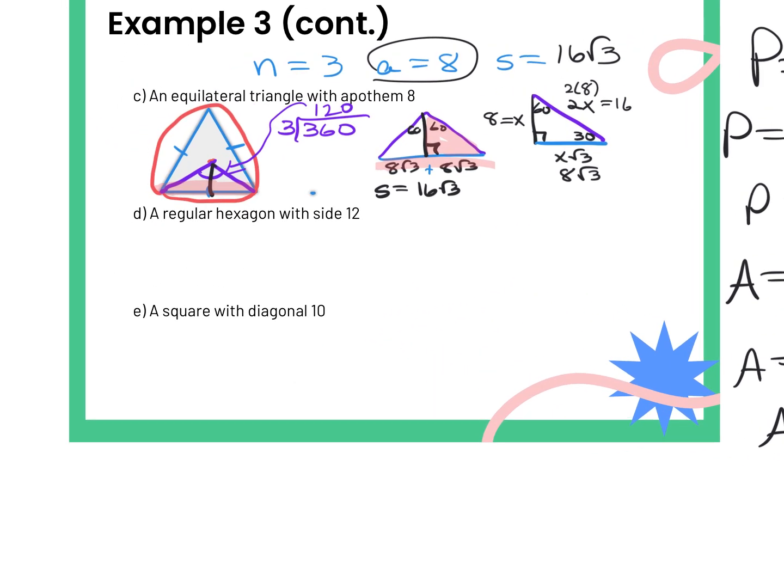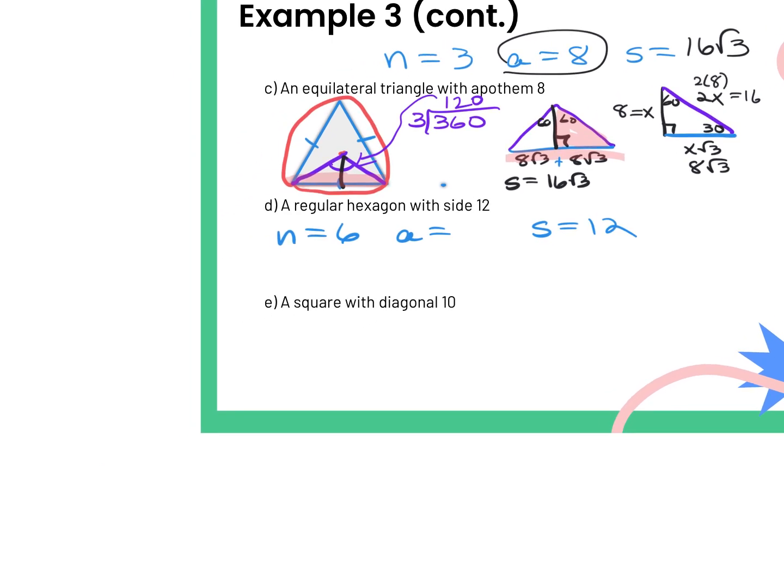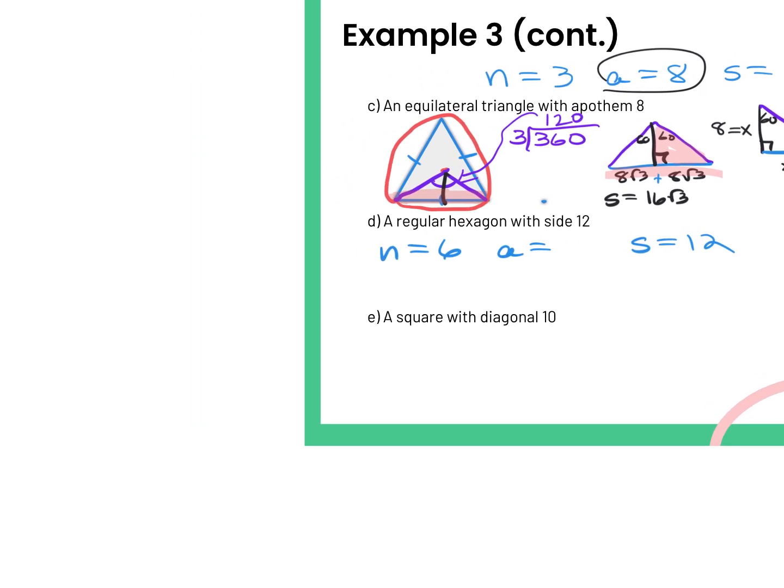So again, my advice to you is quickly write down N, it's 6. I don't know the A this time, but this time I know the side length. So again, if it helps you to draw a hexagon, go ahead and put 6 dots around the side.